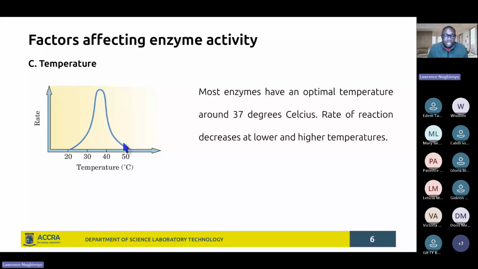Health-wise, you know what it means when body temperature rises above, let's say, 38, 39 degrees already.